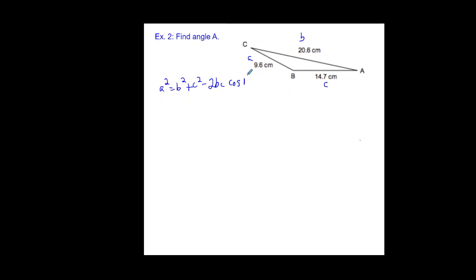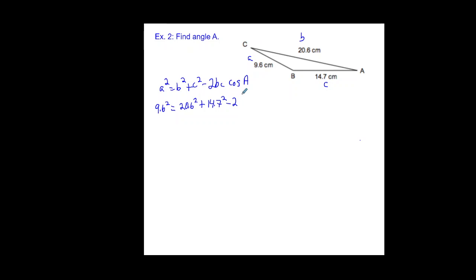cos A. And what we'll do is we'll just substitute in all of the values that we do know. So I know that A is 9.6, so this becomes 9.6 squared. B is 20.6, so we'll square that. C is 14.7. We'll square that. Minus 2bc.